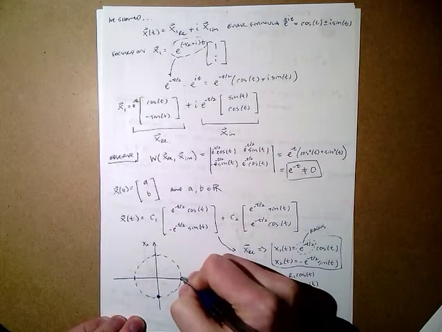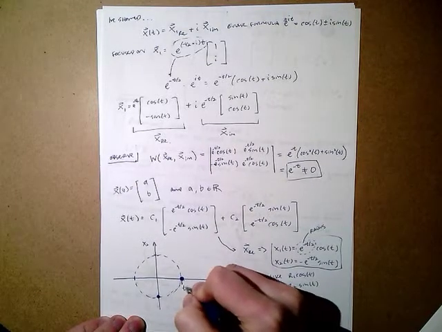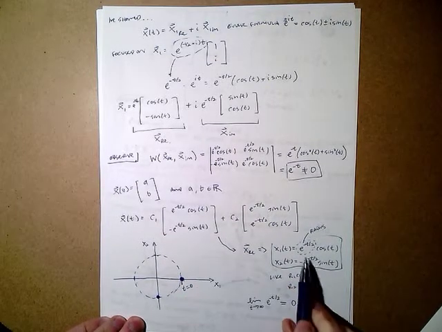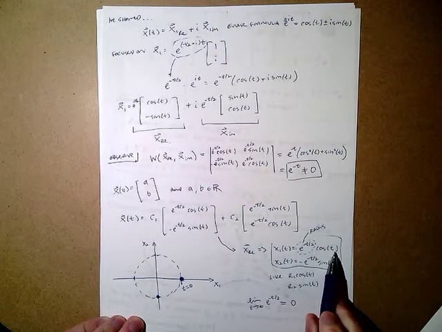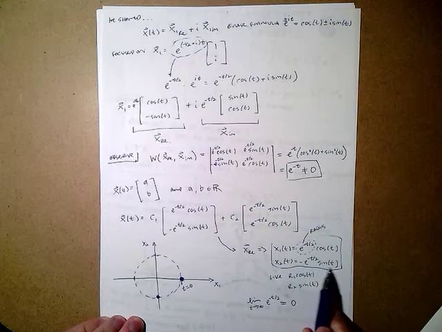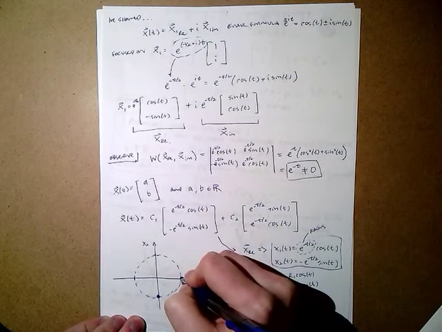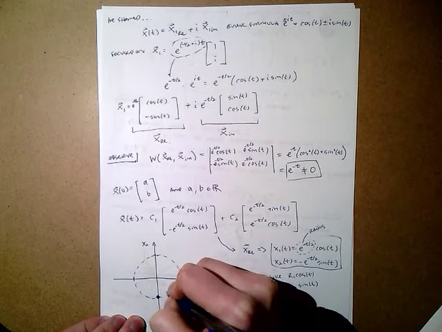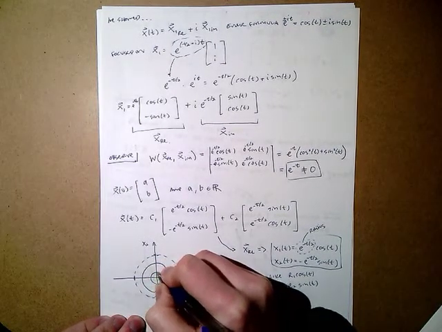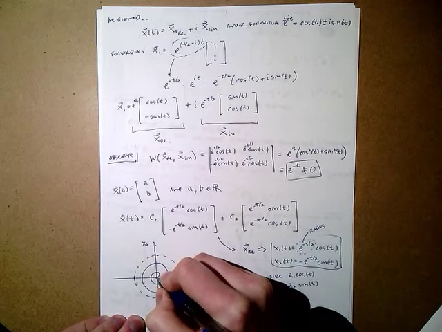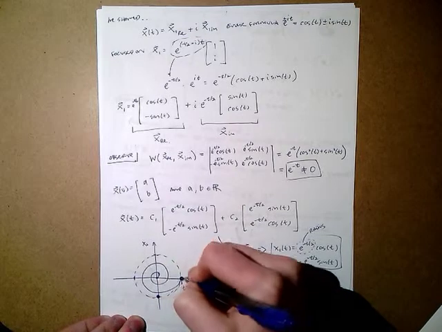So sorry, this starts out here. So this is at t equals 0. Okay, and as time increases, the cosine function decreases, and the negative sine function increases. So what I'm going to get is a trajectory that looks kind of like this. So you get something that goes clockwise, and then eventually it's going to spiral to the origin.